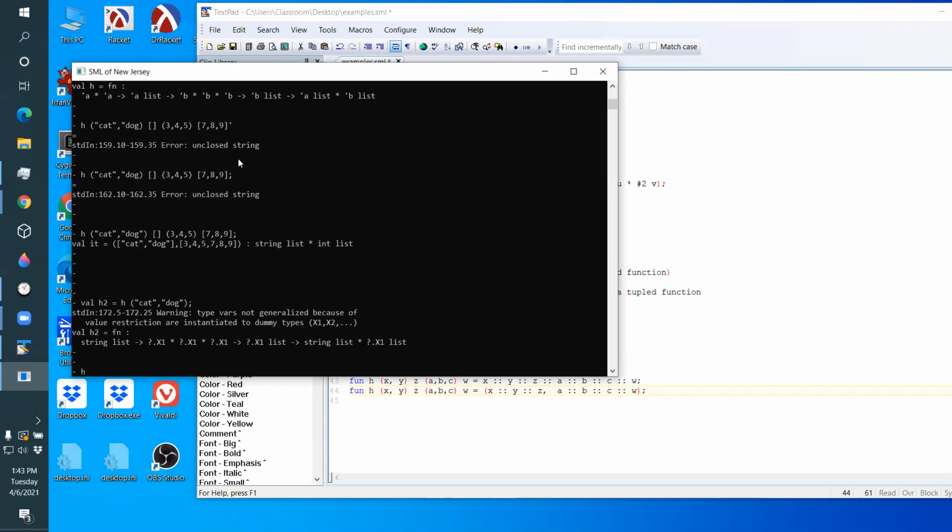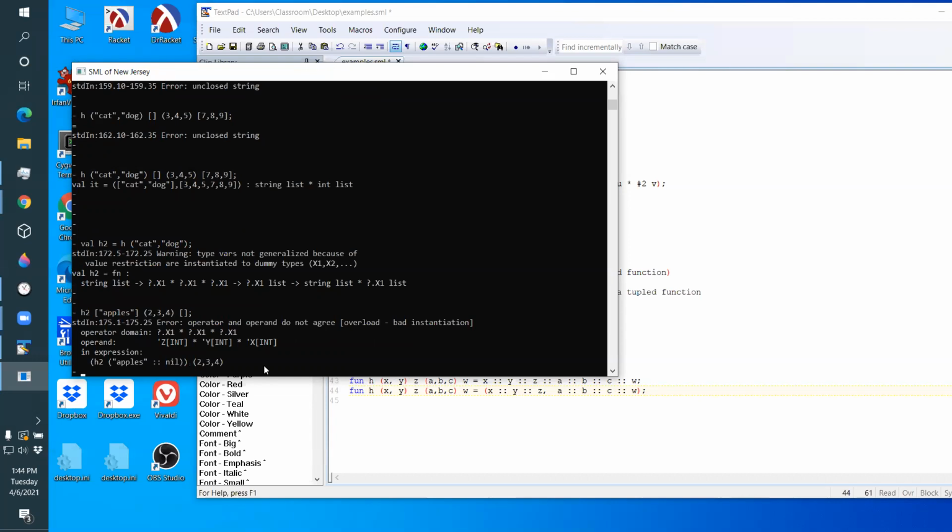H2 has got the two things that concatenate on a string list. So here's a string list. Cat dog are going to be put in front of apples. And then I have to do the rest of the input. I need a triple of something and a list. Oh, what did I do wrong here?